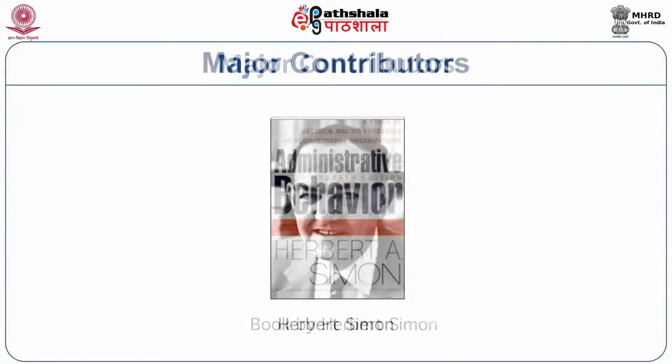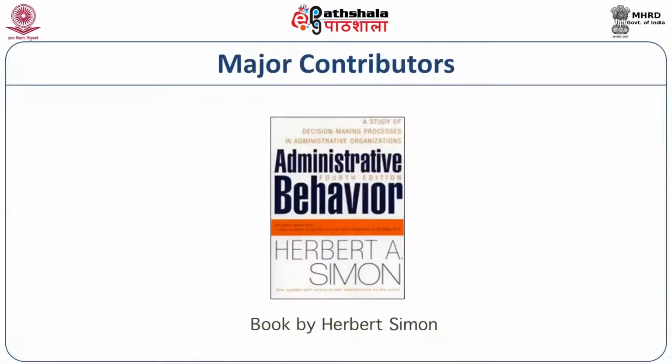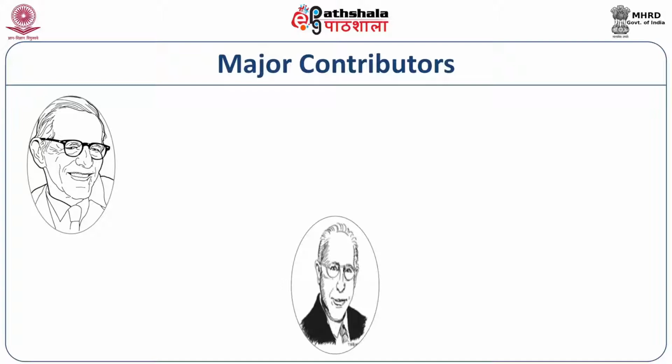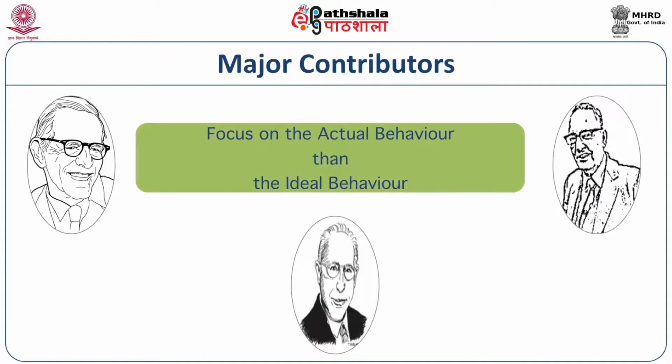Herbert A. Simon has written a book titled Administrative Behavior, subtitled The Theory of Decision Making in Administrative Organizations. All in all, these thinkers focus on the actual behavior of administrators rather than the ideal behavior, or what should be the behavior of administrators.